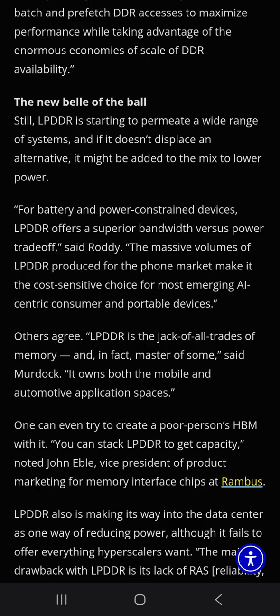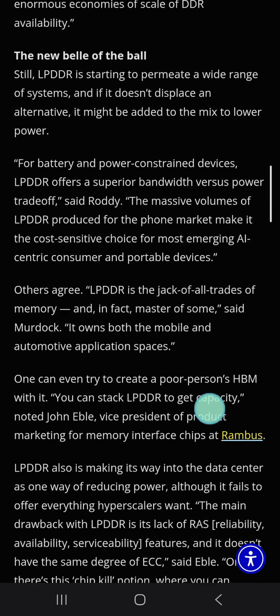For battery and power constrained devices, LPDDR offers a superior bandwidth versus power trade-off, said Radi. The massive volumes of LPDDR produced for the phone market make it the cost-sensitive choice for the most emerging AI-centric consumer and portable devices.